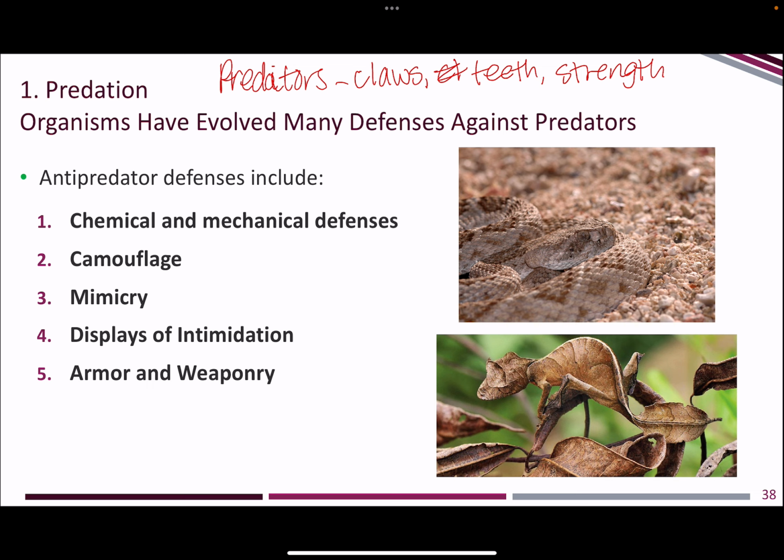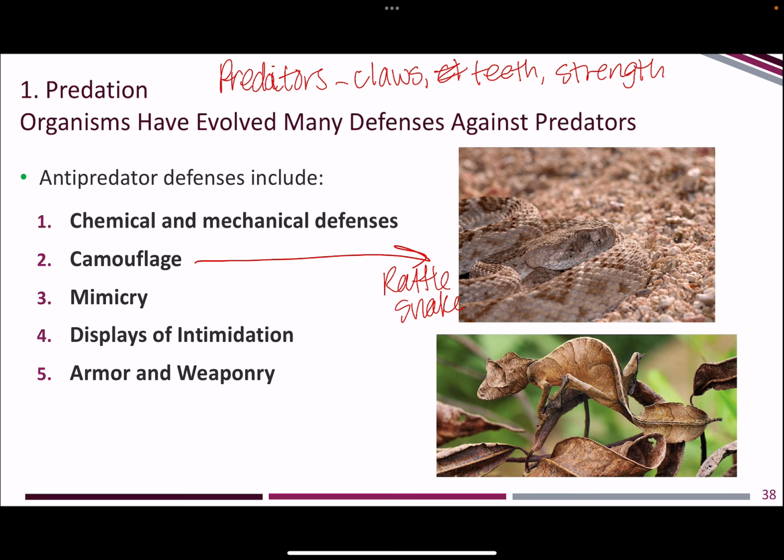So there are a few defense mechanisms that tend to be common throughout the living world. So we're going to go through, generally just give some examples of these because their names tend to just kind of tell you what they are. But the first example that we're going to cover is chemical and mechanical defenses. On this page before we move, we've got examples of camouflage. This is a rattlesnake.